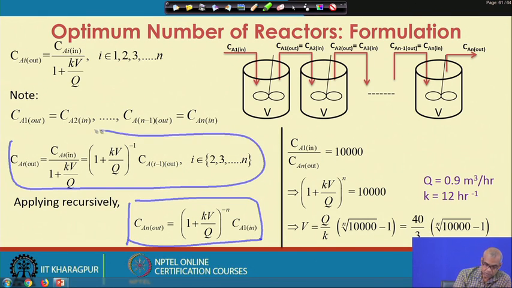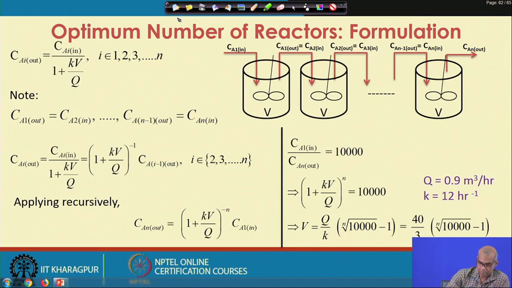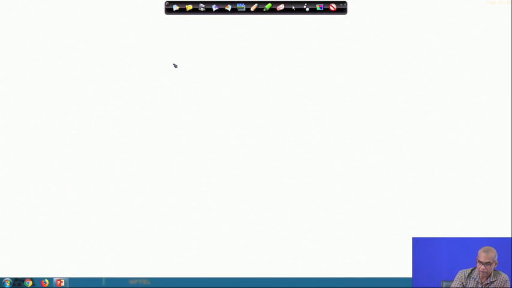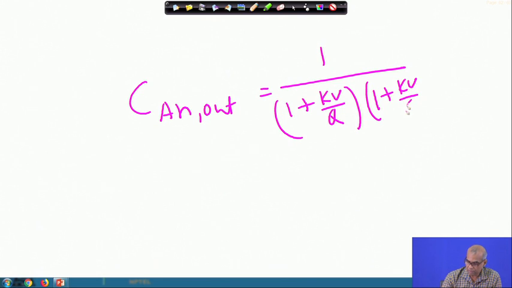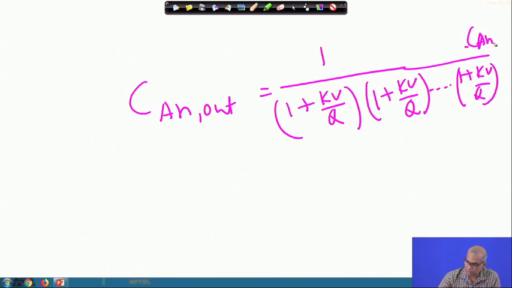This equation needs to be applied recursively. If you do that, what we will get is Can out equal to 1 by 1 plus kV by Q, 1 by 1 plus kV by Q, in such terms, when you have here Ca1 in.